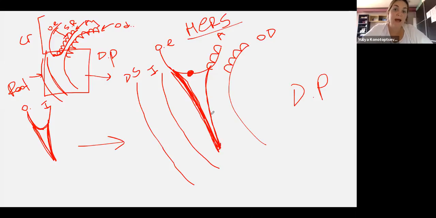This is the part where ameloblasts could be. Due to some genetic regulation, they aren't there. So this is the place where ameloblasts stop. They don't move forward. So HERS simply consists of the outer enamel epithelium and inner.